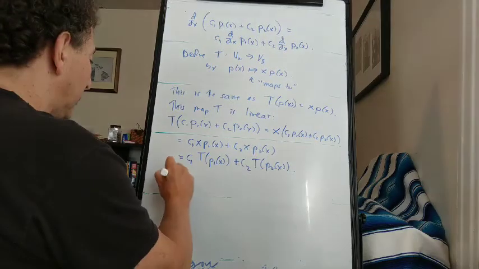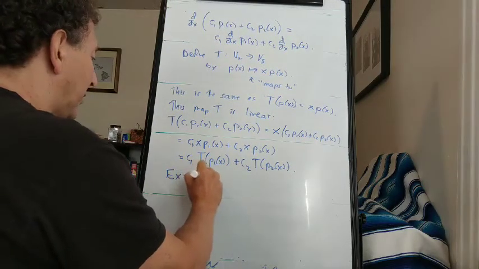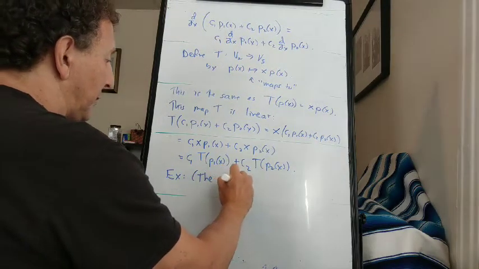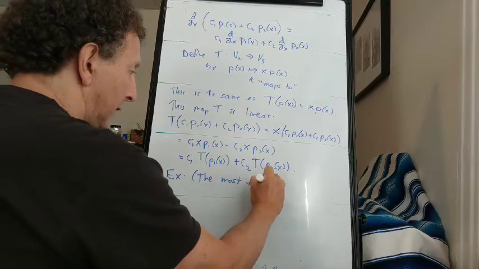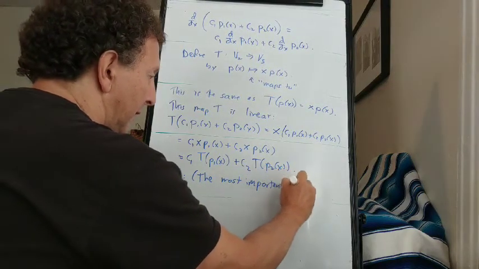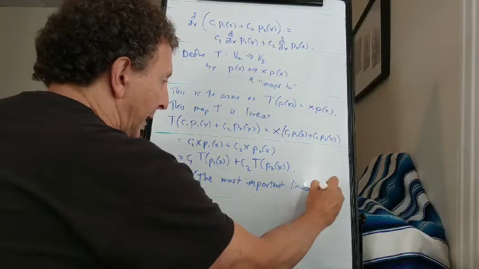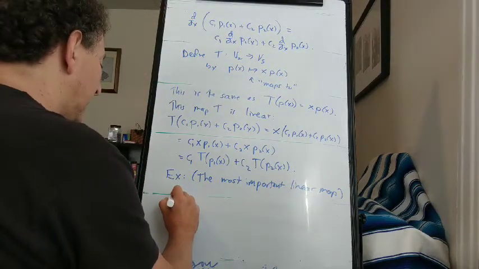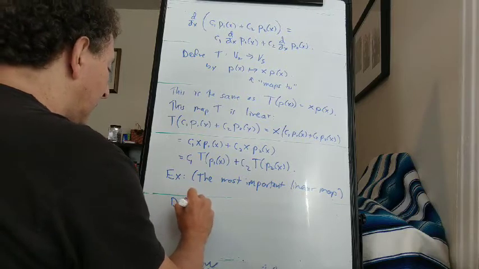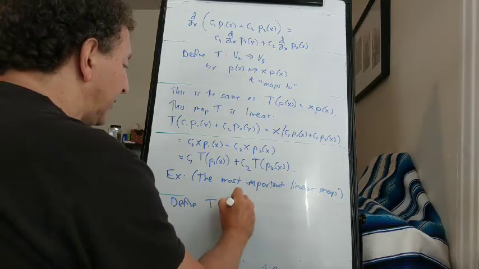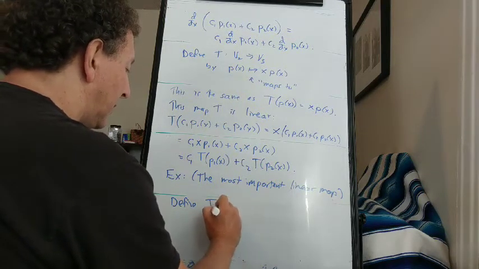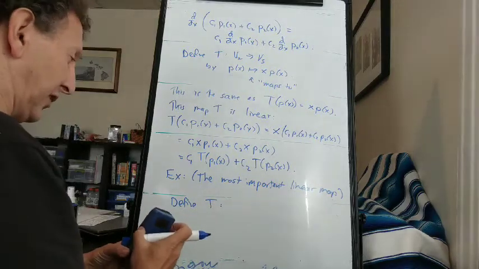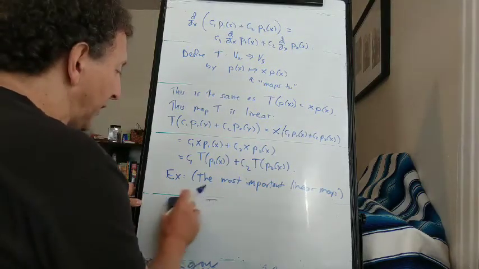There's another example. I'm going to call this the most important linear map. Let's define T from, I'm going to use a matrix, so let me fix a matrix.